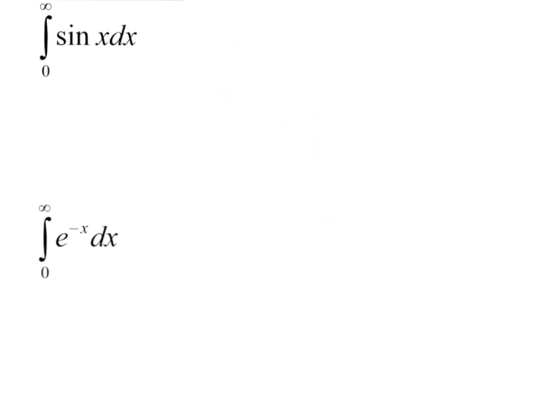So in this case, we have the area from 0 to infinity of sine. And it's tempting, and a lot of times people will say, well, why wouldn't this be 0? Because sine looks like this, and that positive area and negative area cancel out. But remember, a limit means you have to be approaching one number.